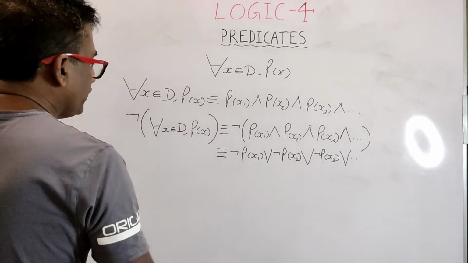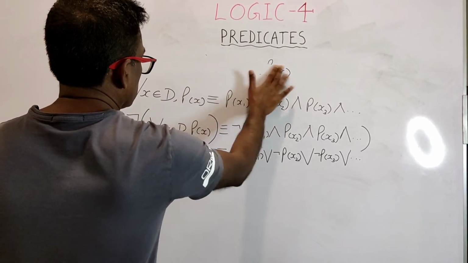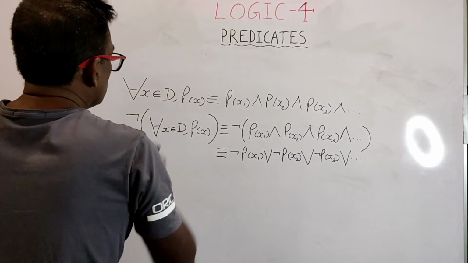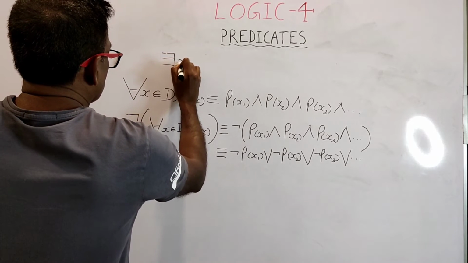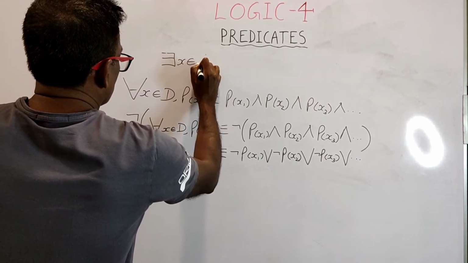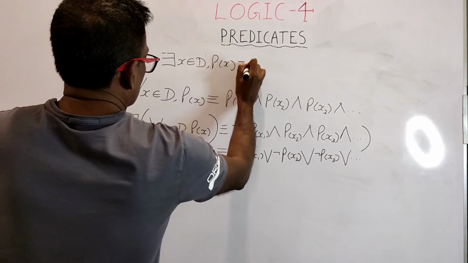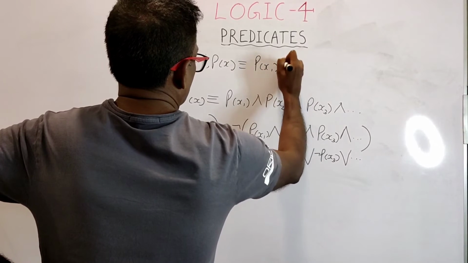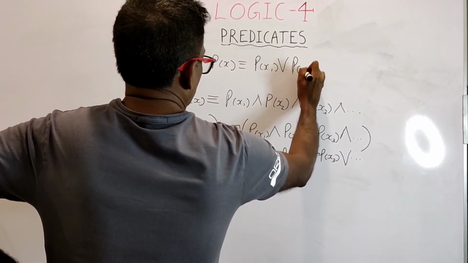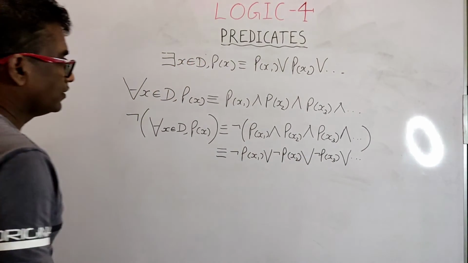Now we know previously that this is equivalent to P of x1 or P of x2 and so on.